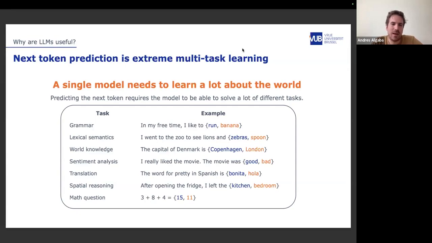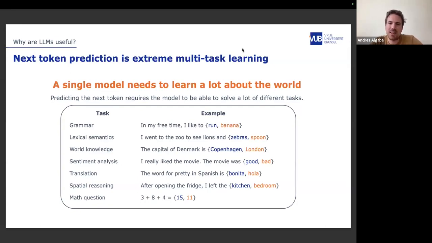Another one is sentiment analysis, for example. "I really like the movie. The movie was", well, to predict the next token, I have to somewhat know how liking a movie fits with whether a movie was good or bad, right?